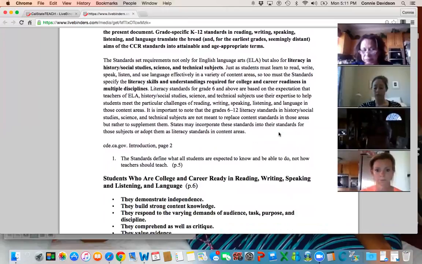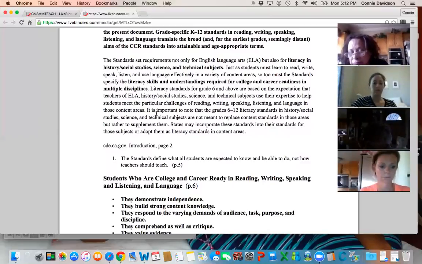But unless you're teaching a mime class, there's going to be English language arts embedded in what you do because you're communicating. So you always need to have an ELA standard on anything that you write. And it needs to be related to how you're going to have the children express themselves.